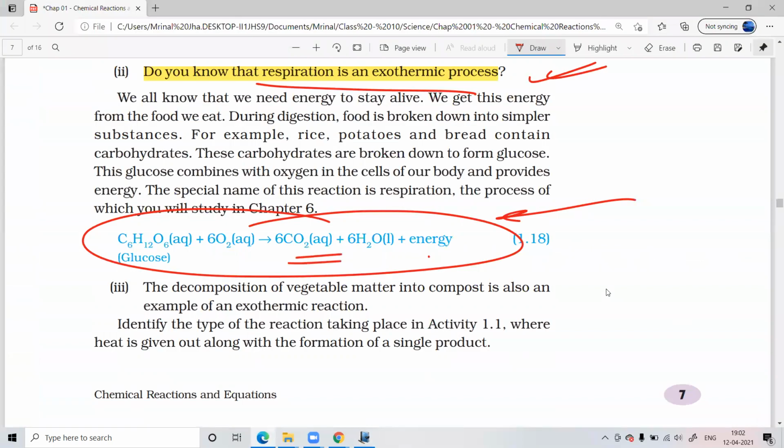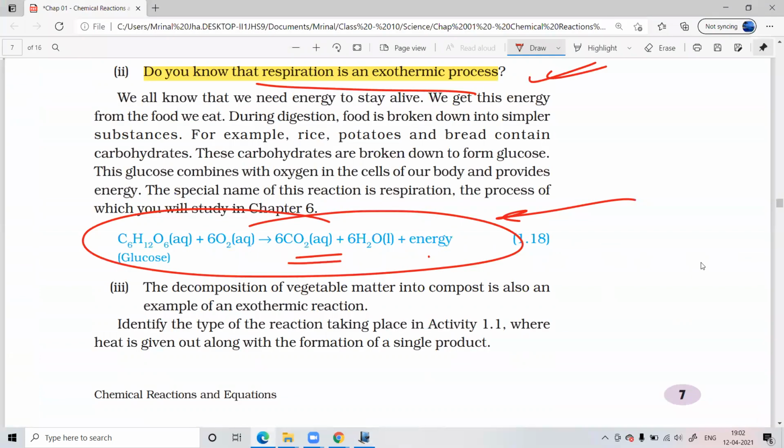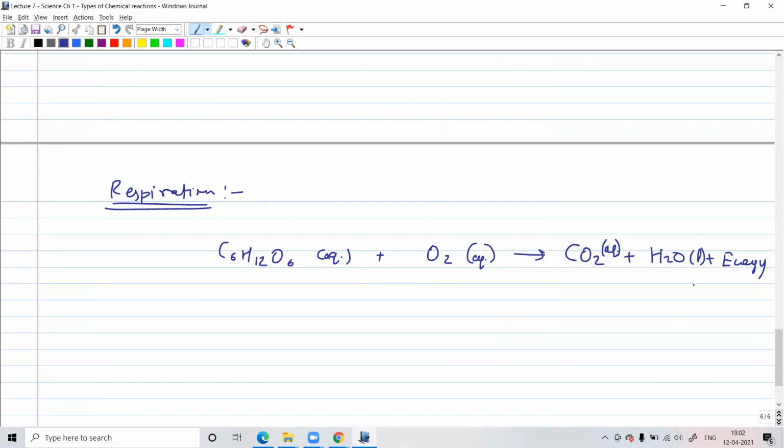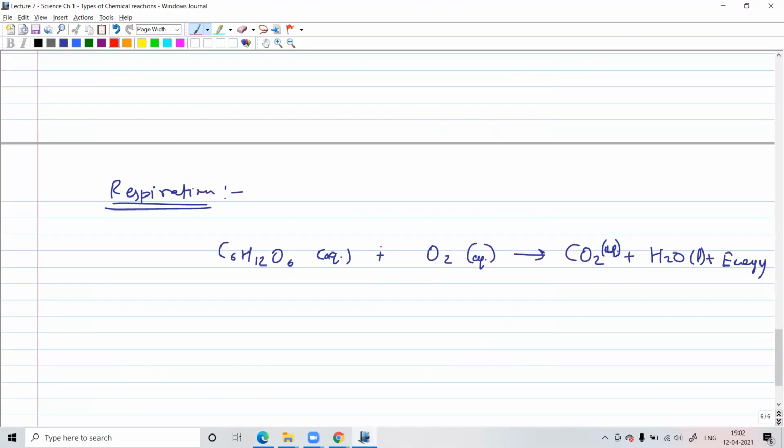So you will take up this reaction from here. This is also aqueous. This is liquid, of course. Balance the equation. 6 and 6. 6 molecules of this, 6 molecules of each of them. So this is your reaction for respiration.